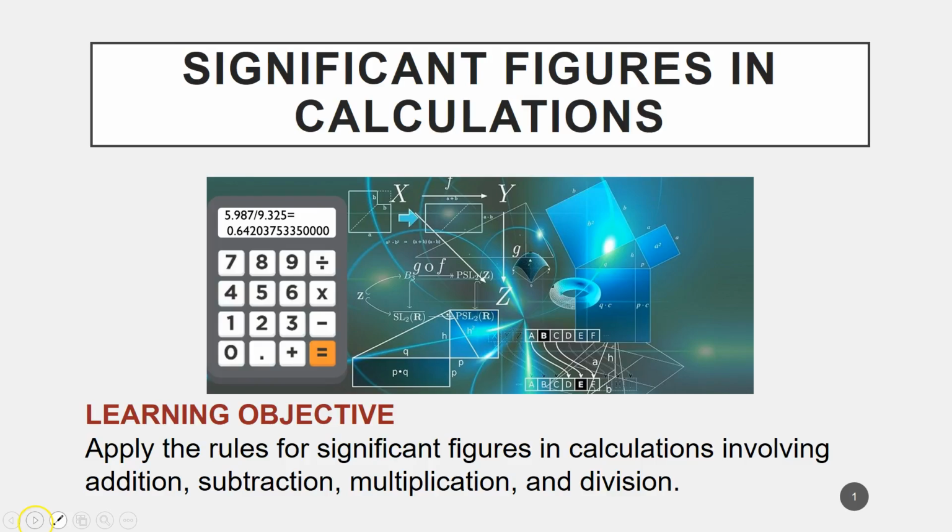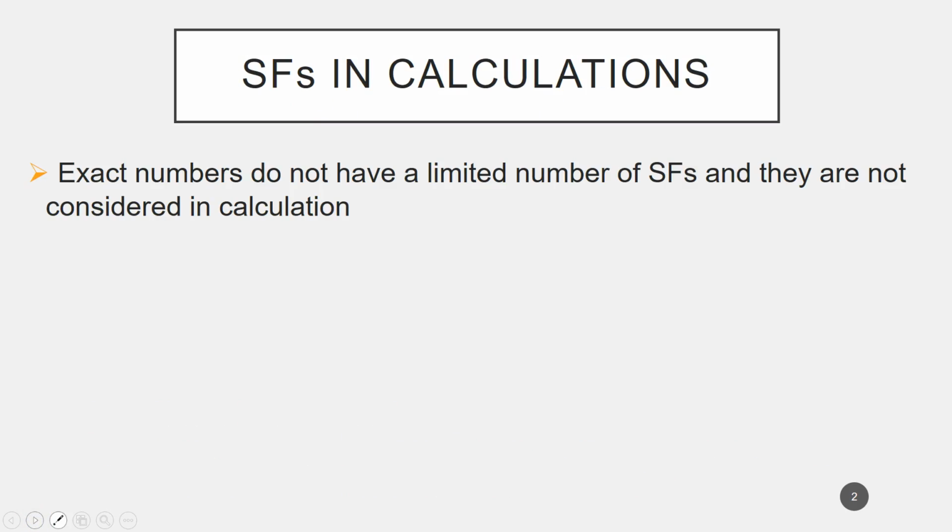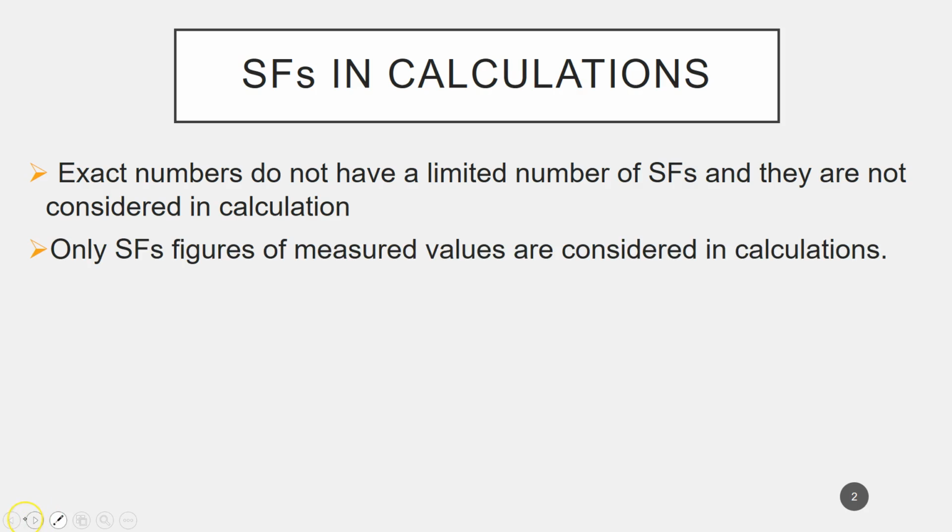When I count significant figures in calculations, if I have an exact number, because these have an unlimited amount of significant figures, I do not consider them when I'm doing my calculations. Only the significant figures of measured values are considered.